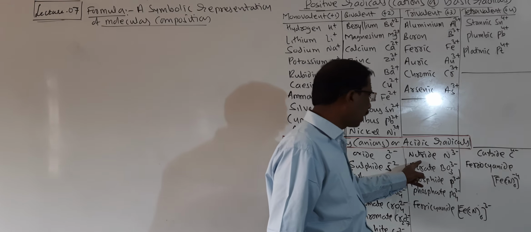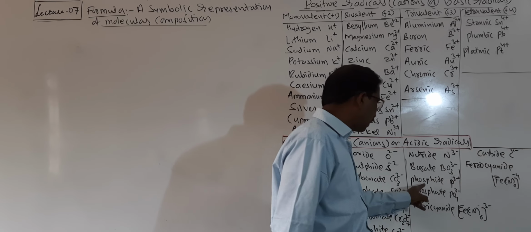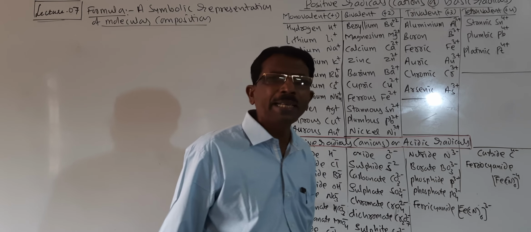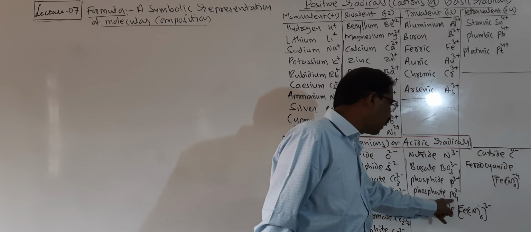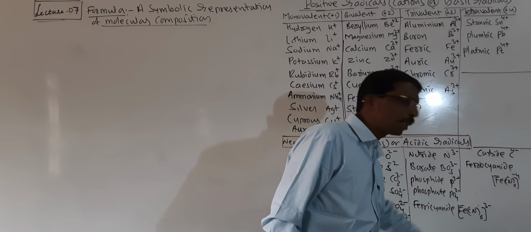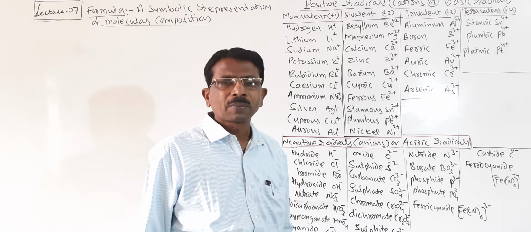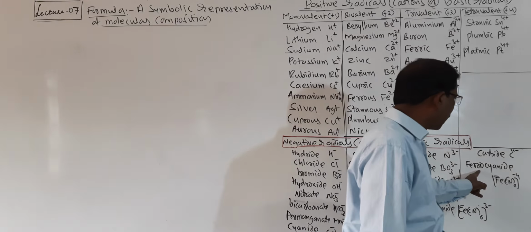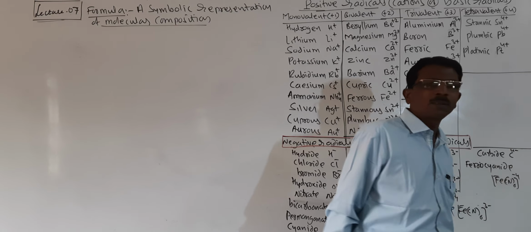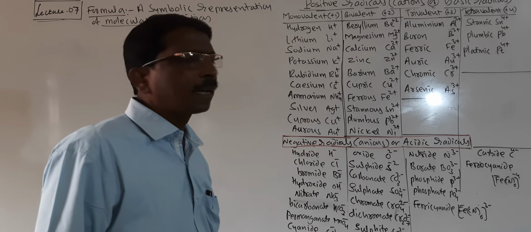And trivalent: nitride, N3 minus, borate, phosphide, phosphate, PO4 3 minus, ferricyanide, Fe(CN)6 3 minus, ferrocyanide, carbide. So these are all positive radicals and negative radicals.